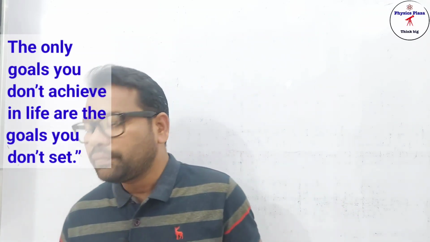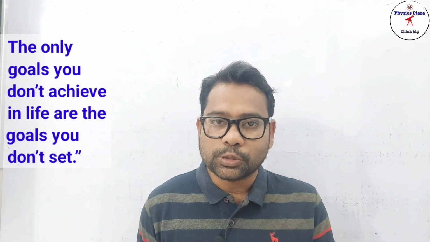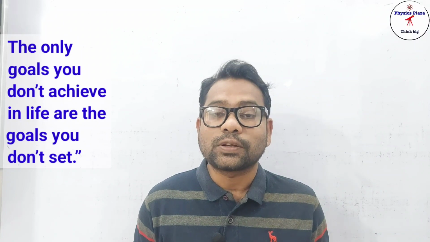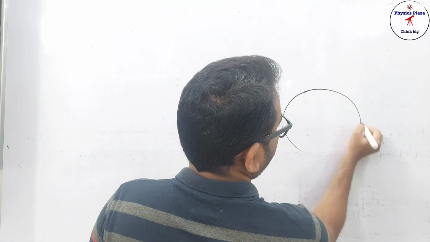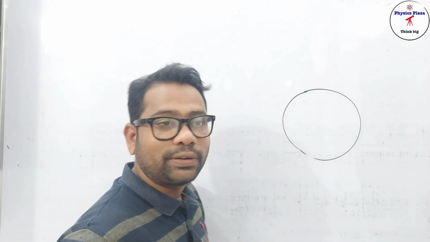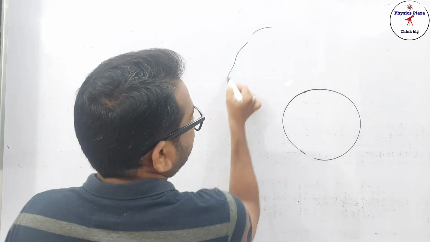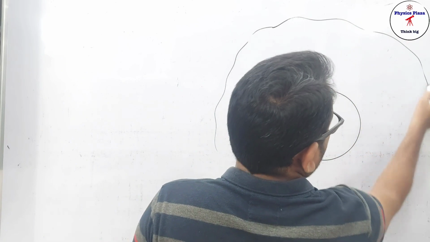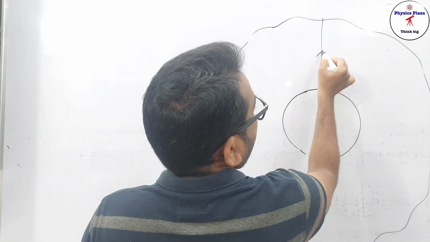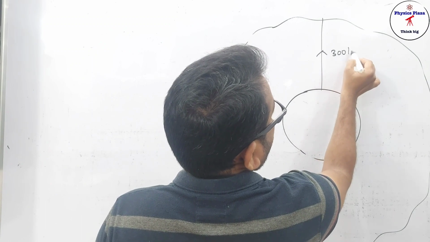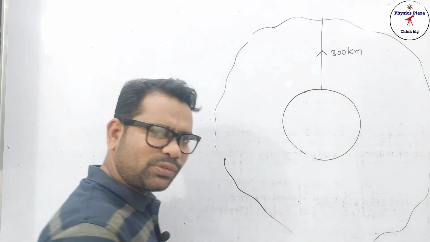Children, before going to discuss what actually atmospheric pressure is, let us first discuss what is the atmosphere. Suppose here is Earth, and we all know very well that this Earth is surrounded by air up to 300 kilometers from its surface. Children, this we know very well, right?